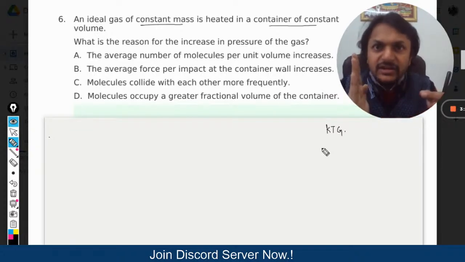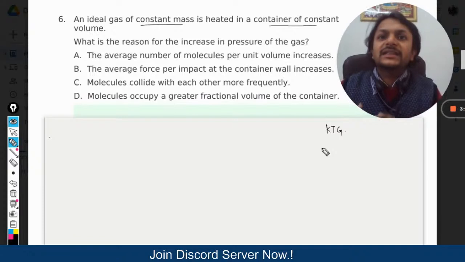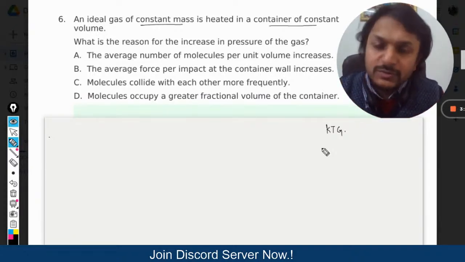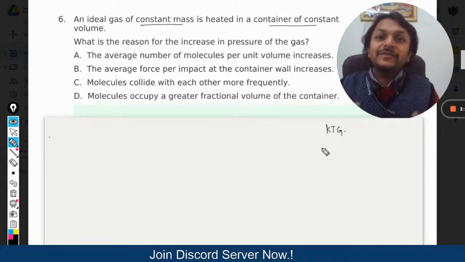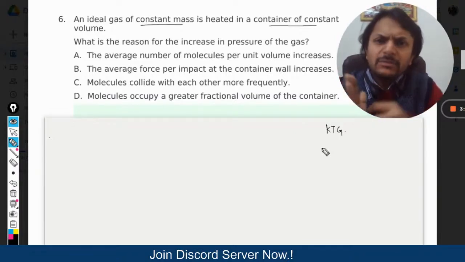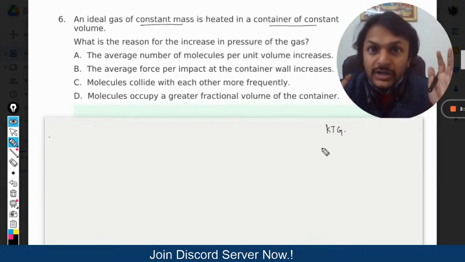So there is higher momentum change in each and every collision. It only means that there is more force on the wall due to the molecules, because now more change in momentum is taking place. That is why we will say that the average force exerted on the wall by the molecules when they are colliding with the wall increases, and due to that we will say that pressure increases on heating.